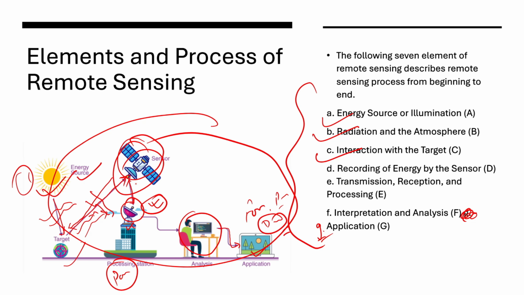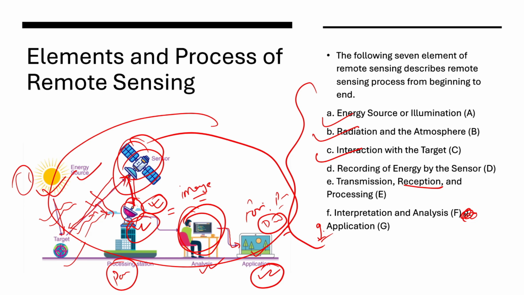Then the sensor records that energy, and then the sensor transmits the energy. This station receives that energy, and then processes that energy into the form of imagery, and then the analysis station analyzes that imagery. After analysis and interpretation, we can use this information as an application.